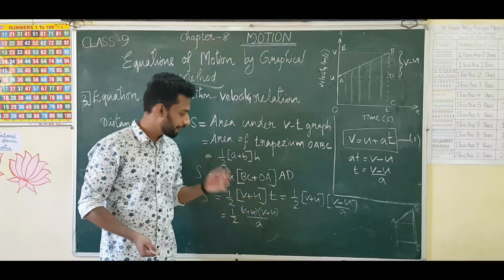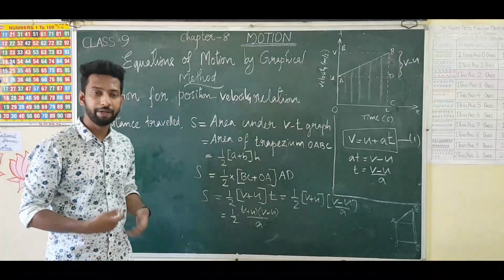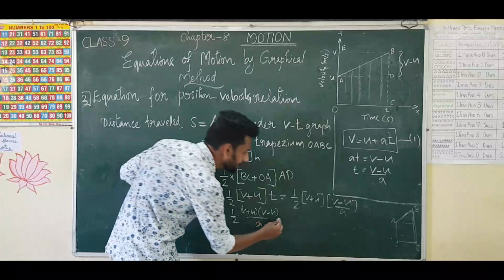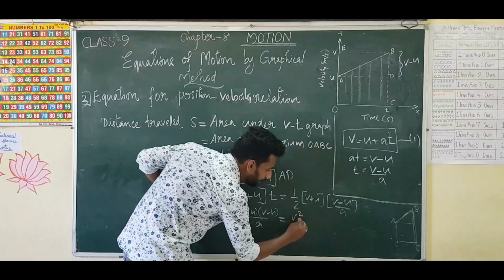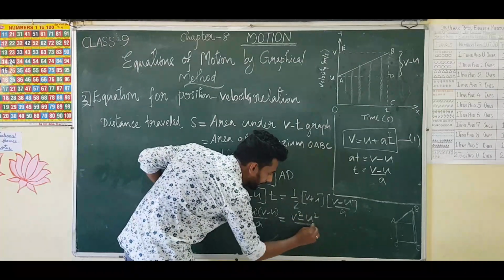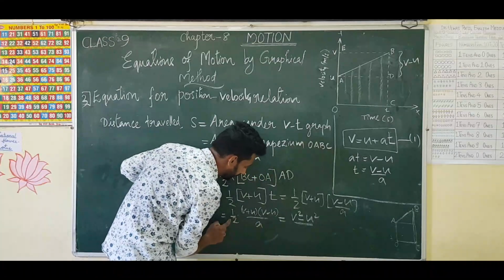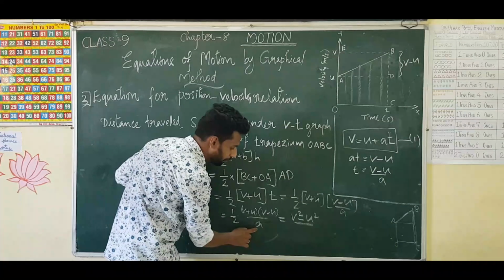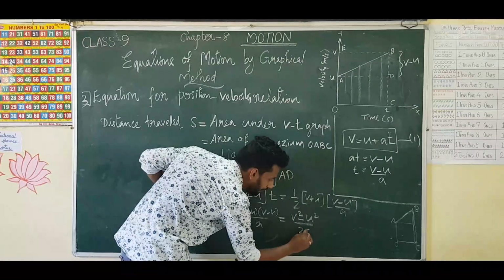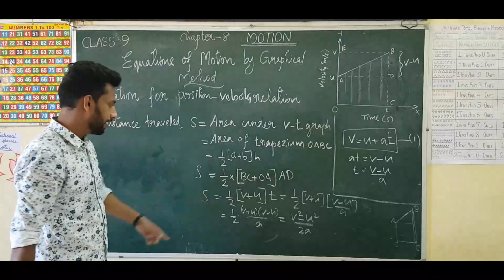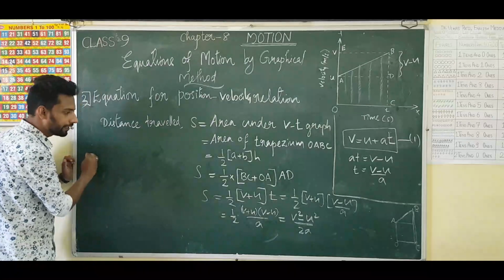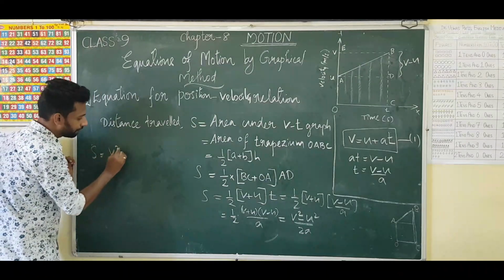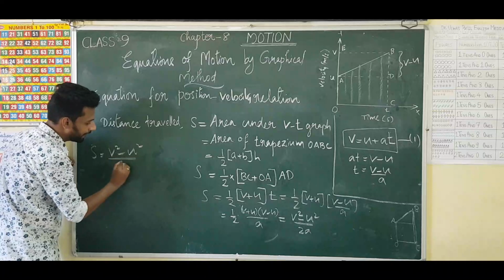Similarly here, v plus u into v minus u can be replaced by v square minus u square. So s equal to v square minus u square divided by 2a.